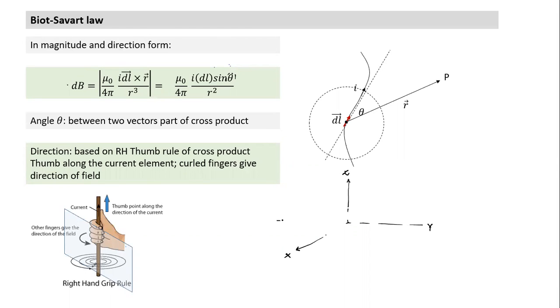If I have a current element placed near the origin like this, what is the field at any point on the xy plane? Can we make some statement about the direction of the field at any point in the xy plane?